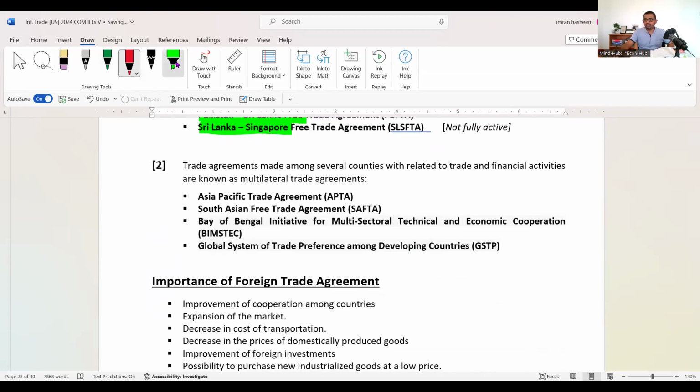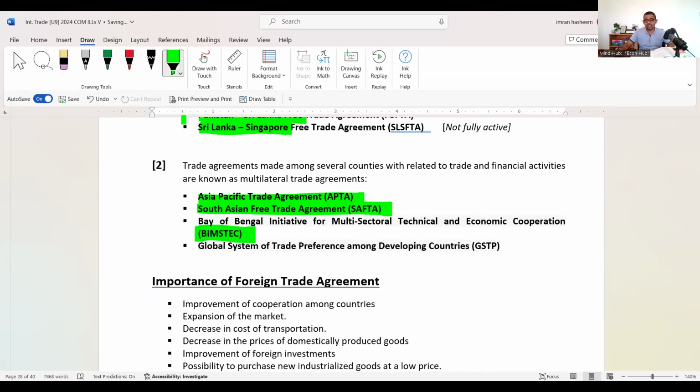So look at this. What do we have? We have the Asia Pacific Trade Agreement. Yes, we are part of that multilaterally. The South Asian Free Trade Agreement, SAFTA. Then BIMSTEC, the Bay of Bengal Initiative for Multi-Sectoral Technical and Economic Cooperation.